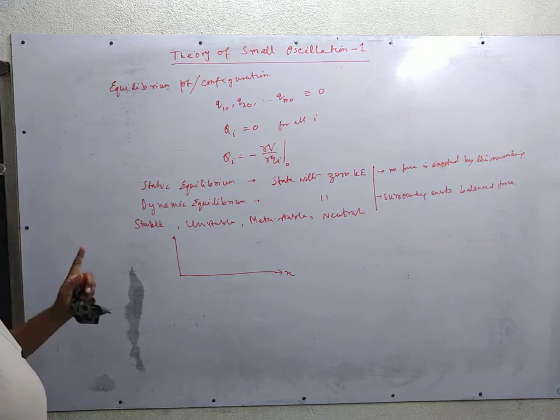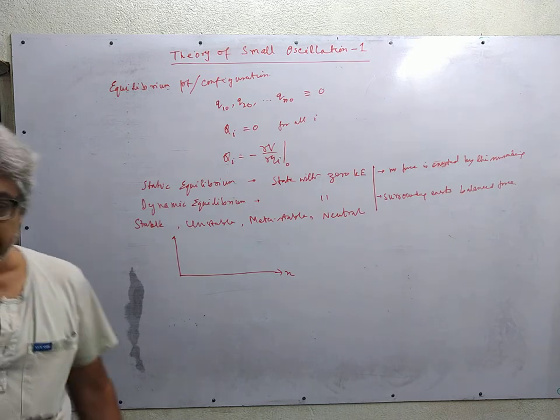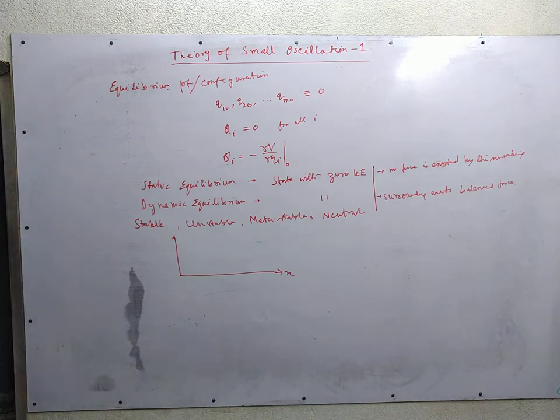When the system is in a stable equilibrium, if we displace the system slightly from its equilibrium position, then the system returns back to its original condition. Then it is called a stable equilibrium. Note the phrase small displacement.